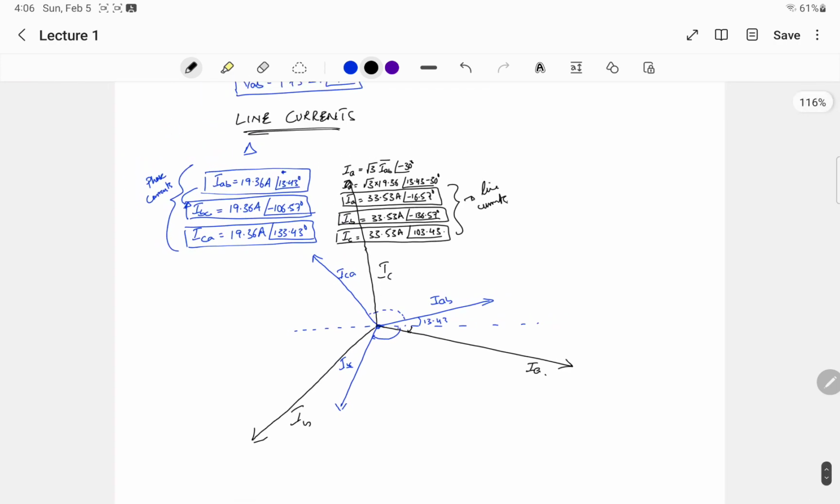So I hope, let's see if students are having a problem. I hope you are able to know the angles. This angle is minus 106.57, roughly I've done this. The angle from this to this point, I'm talking about IC, is 133.43.